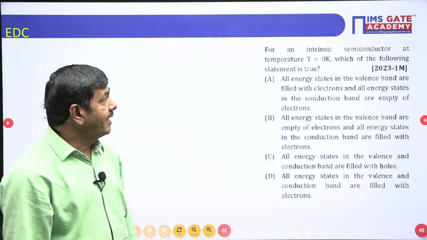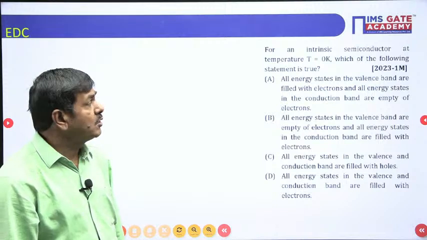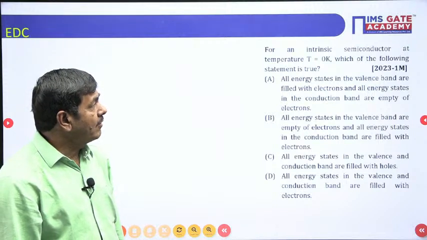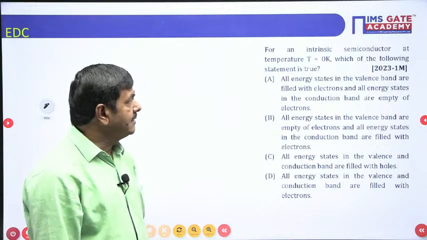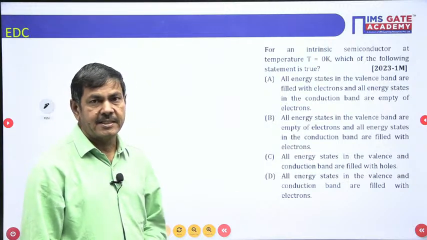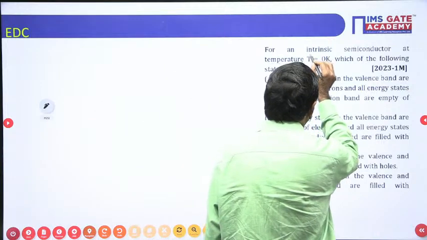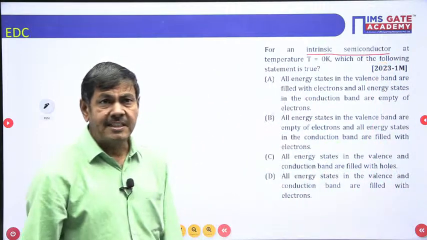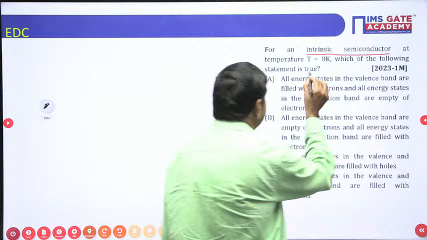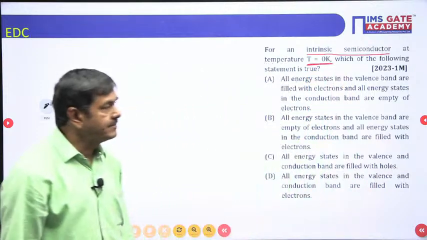For an intrinsic semiconductor at temperature T equal to 0 Kelvin, which of the following statements is true? The type of semiconductor is clearly given as an intrinsic semiconductor, but the temperature is maintained at 0 Kelvin.